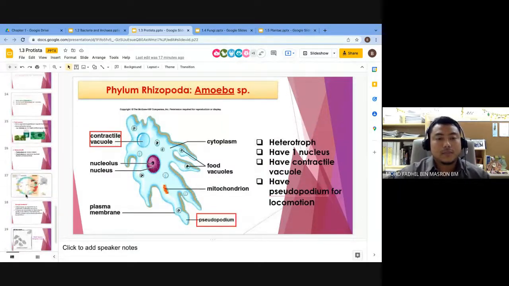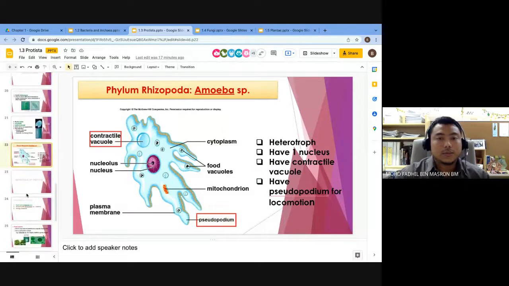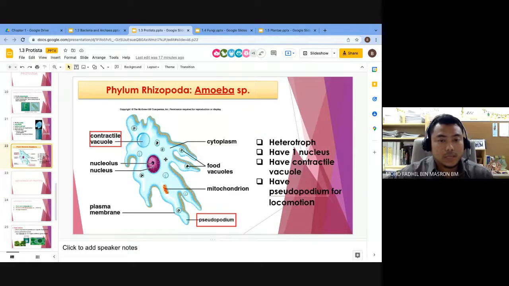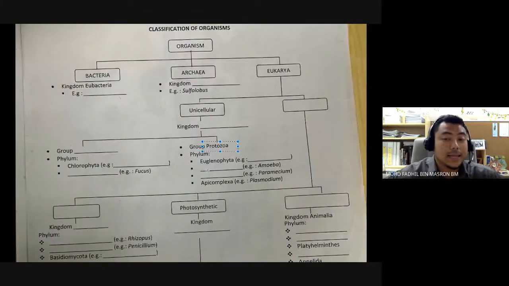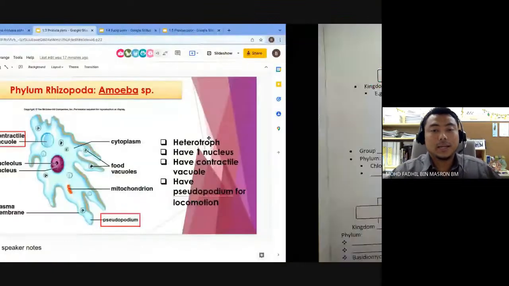Okay. So untuk phylum Rhizopoda, kalau korang tengok, kita hanya bincang pasal phylum Rhizopoda sahaja. Okay, kenapa? Sebab memang itu dalam silibus korang. Tapi korang kena tahu dekat dalam ni sebenarnya ada lagi 3 yang lain. So, kita tahu yang amoeba ni adalah phylum Rhizopoda.